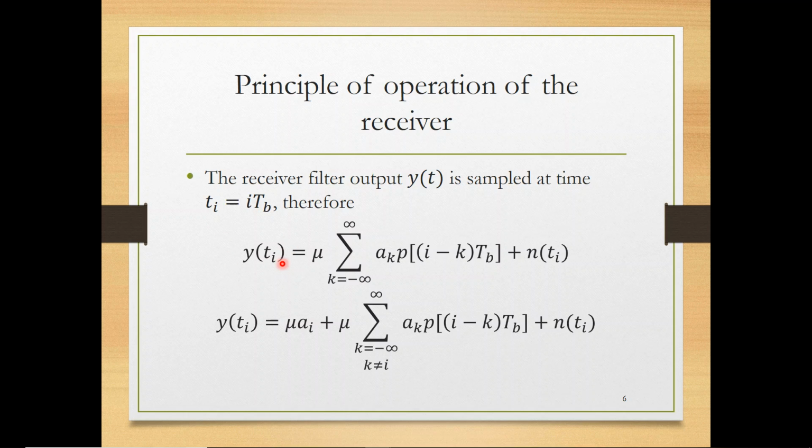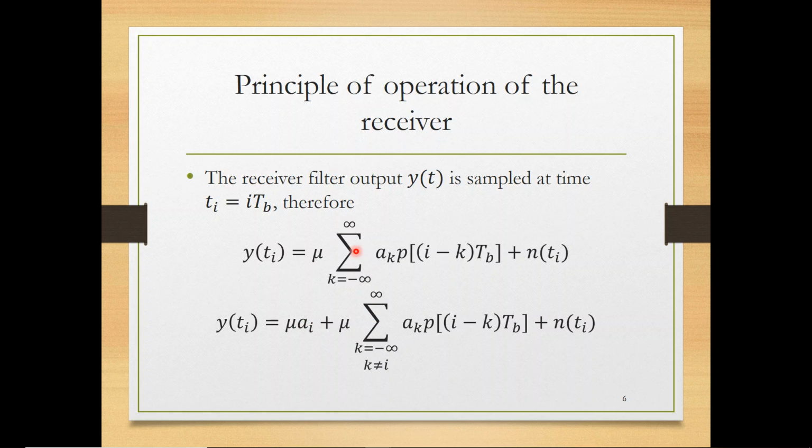So y of t at t equal to i T_b is equal to mu, a constant for scaling purposes, times the summation from k equal minus infinity to infinity, assuming your transmission took a long period of time, of a_k, the data symbols, multiplied by the pulse p of (i minus k) T_b, and of course plus noise, because noise is always there.